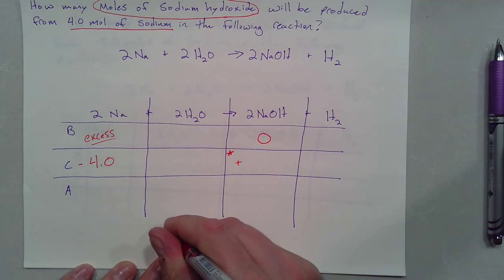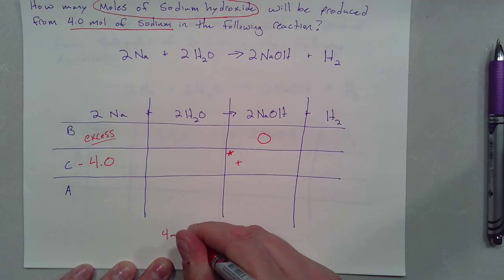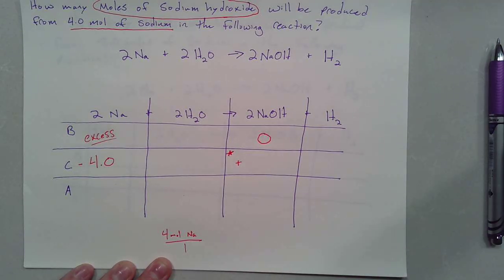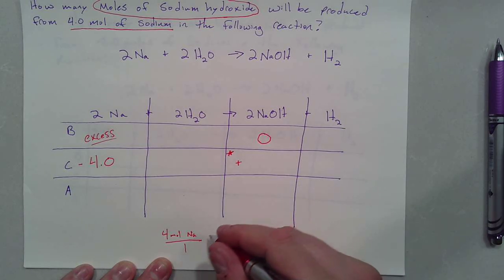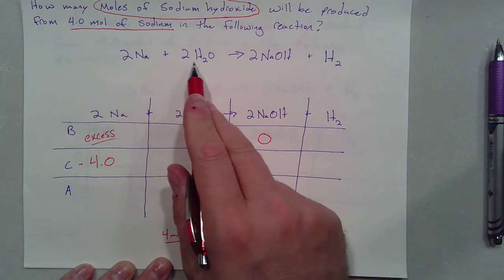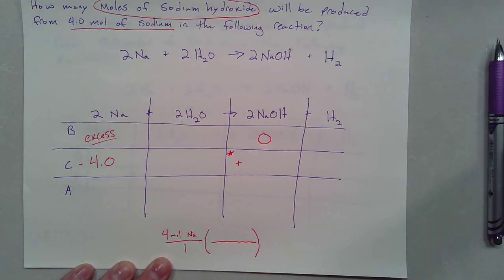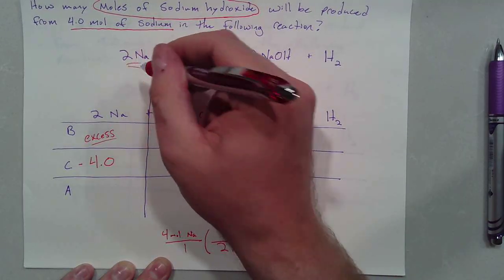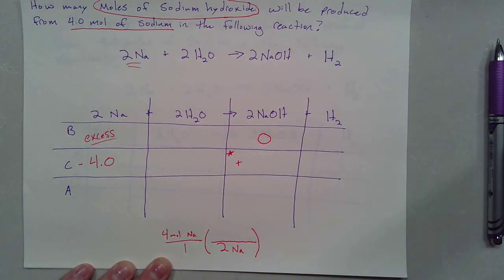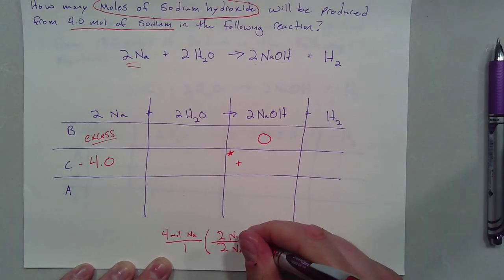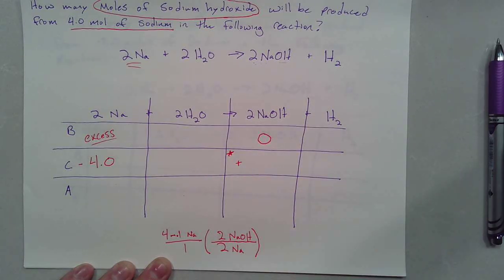So I have 4 moles of Na. I'm going to put that out front and over 1 like I do for any other conversion. And I'm going to use that balanced chemical equation up top to figure this out. So for every 2 Na, so I'm taking that number right from here, I'm going to make 2 NaOH.